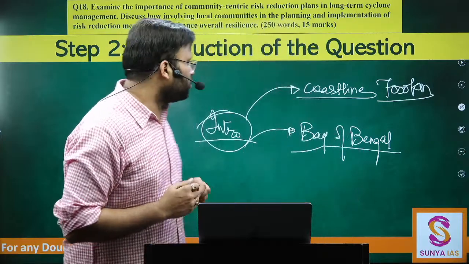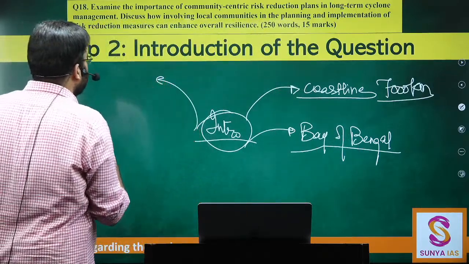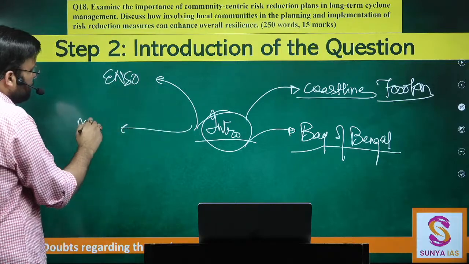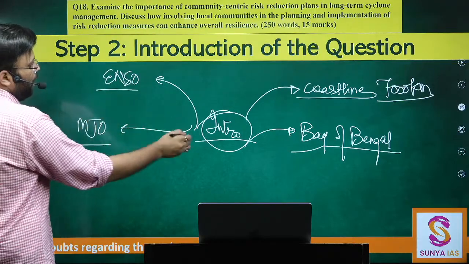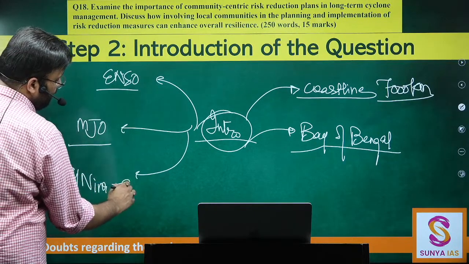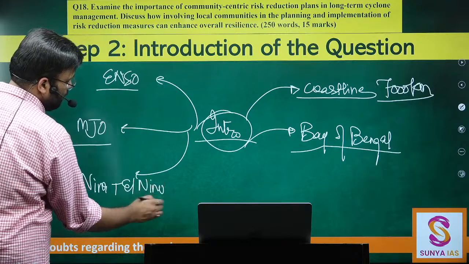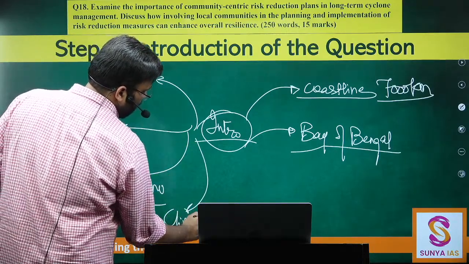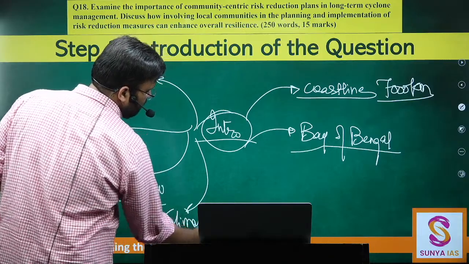Then we can also show how there is formation of ENSO, formation of Madden-Julian oscillations, how there are El Nino conditions, how maybe due to climate change we are seeing certain kinds of western disturbances.